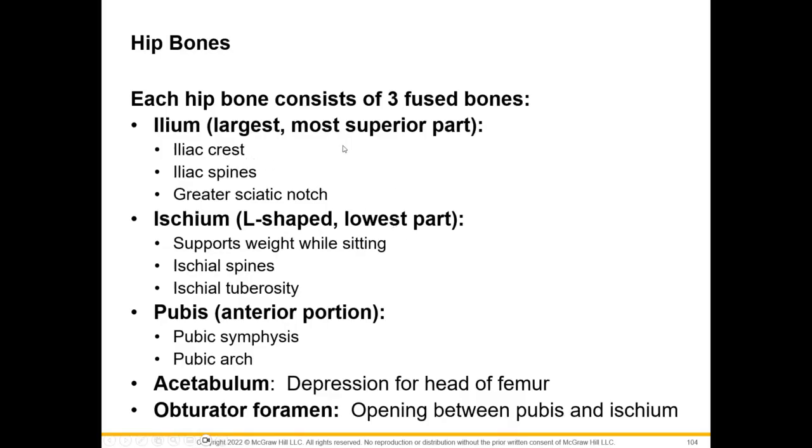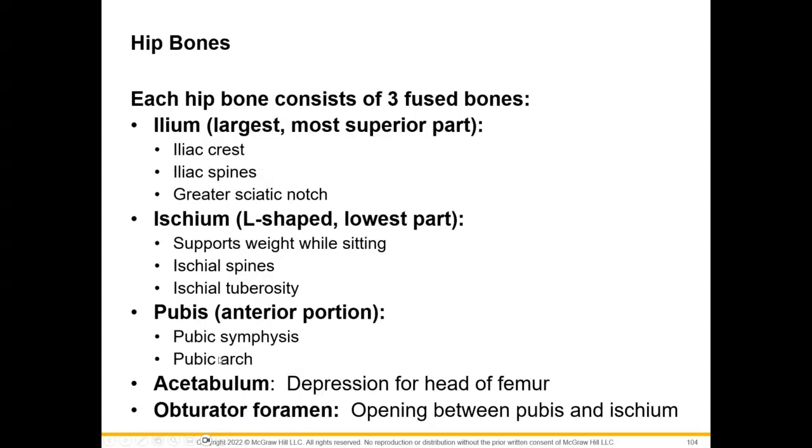The ilium has important parts on it: the iliac crest, the iliac spine, the greater sciatic notch. The ischium supports the weight while you're standing, and has ischial spines and ischial tuberosities. The pubis is the anterior portion, which forms the pubic symphysis at the front and the pubic arch.